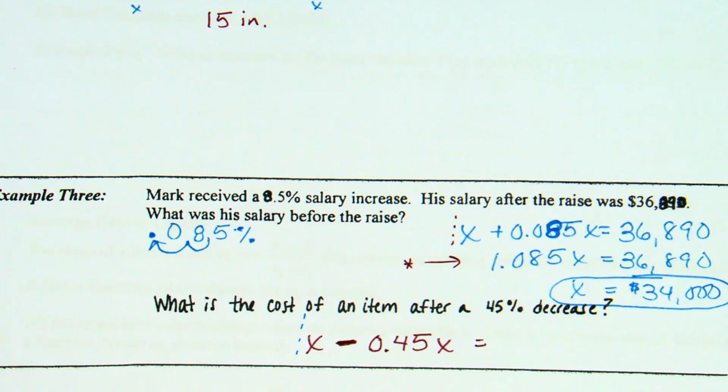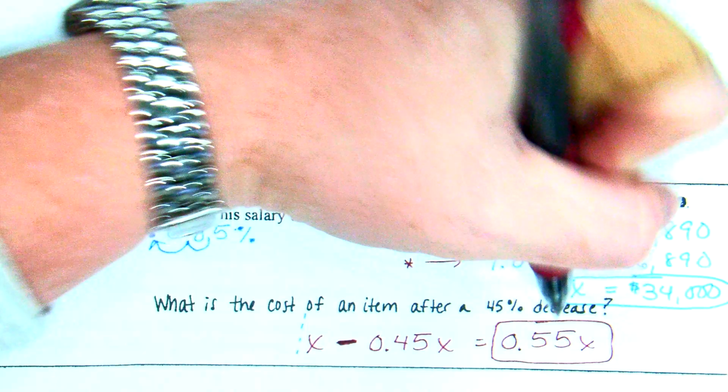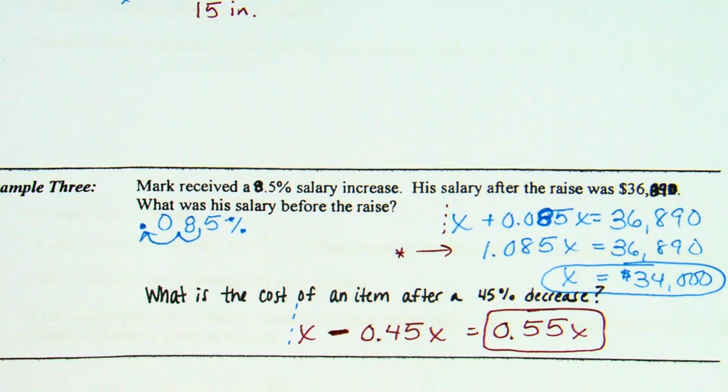Basically, what is 100% minus 45%? 55%, right? So the idea of 1x minus 0.45x is 0.55x.